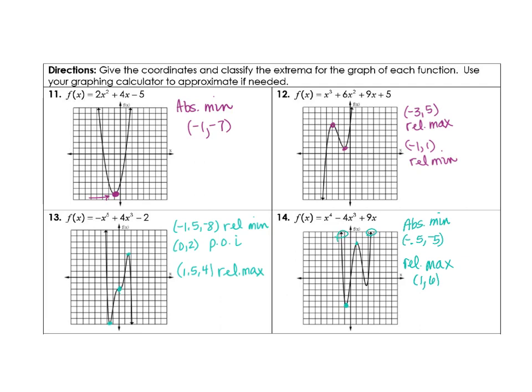And then if we turn again here, looks like we're going to have a relative min. That relative min looks like it's going to be about 2.5 and maybe a -1 point, I don't know, 2 maybe. All right.